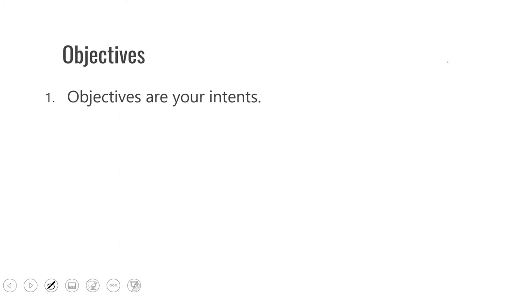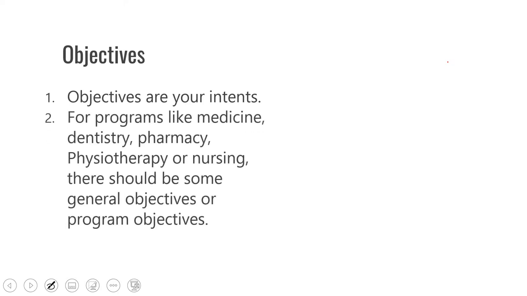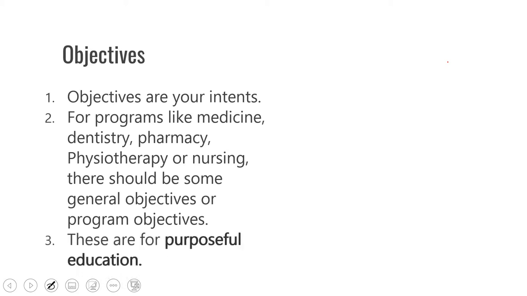Objectives are your intent. Objectives are the intents for the students, and they are settled by the tutors, by the curriculum experts. And for programs like medicine, dentistry, pharmacy, physiotherapy, nursing, or paramedical sciences, there should be different levels of objectives, and of course there will be learning outcomes as well.